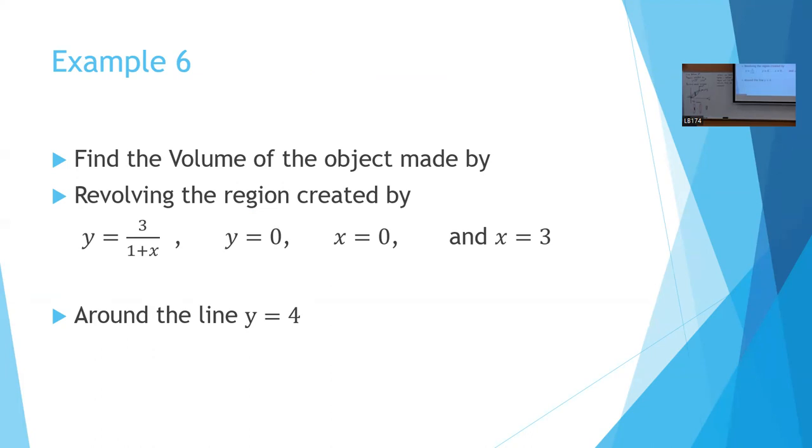I want you to try to think through this one. I'll try to draw it on the board as we're working. But think through this one. This one's also, I believe, going to be the Washer method. So volume of the object created by revolving a certain region around the line y equals 4.